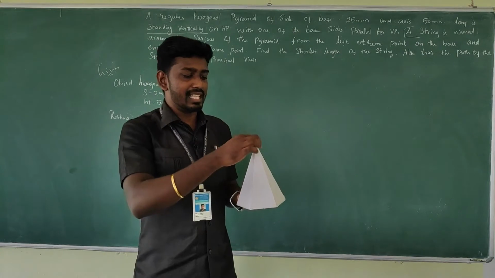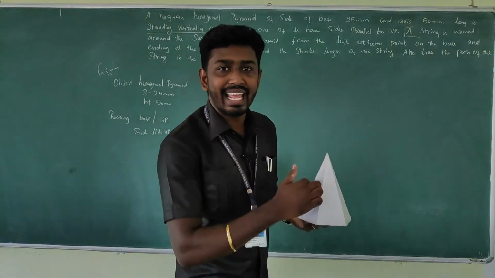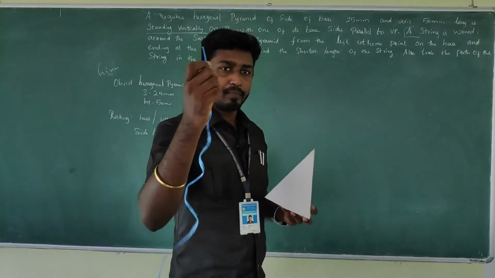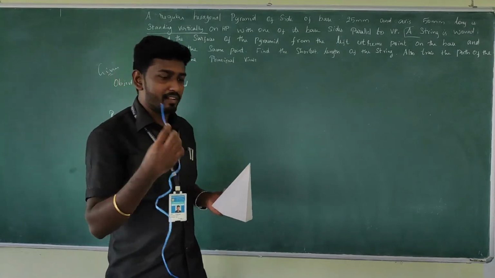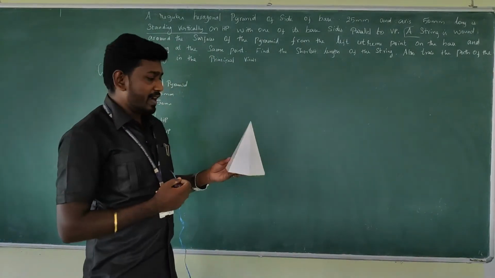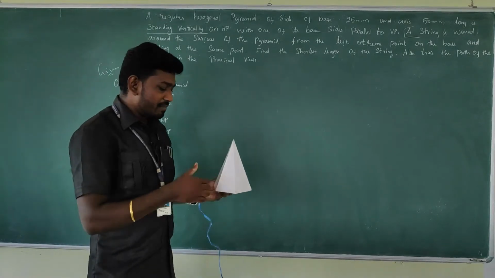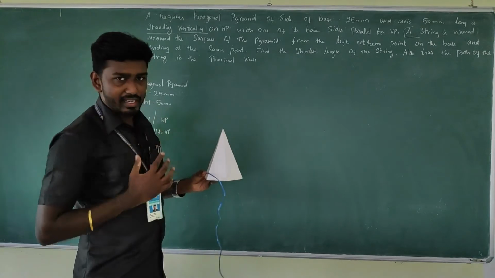It has a base, this is the apex, and these are the triangular faces. These are the slant edges. So I have a thread here; consider this as a string. It is given from the left extreme point. This is left and this is right.